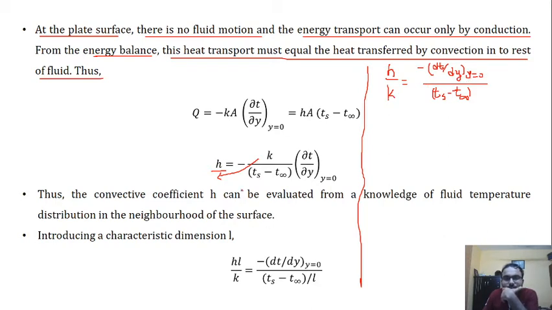So now what we have done is multiply with L on both sides, LHS and RHS. Now this L can be taken into the denominator.